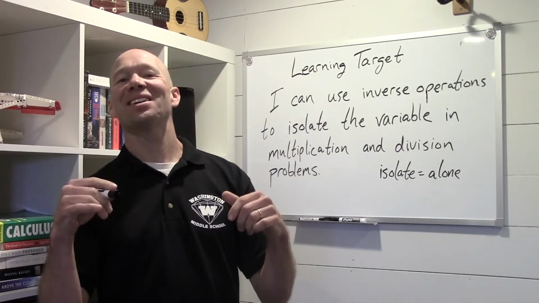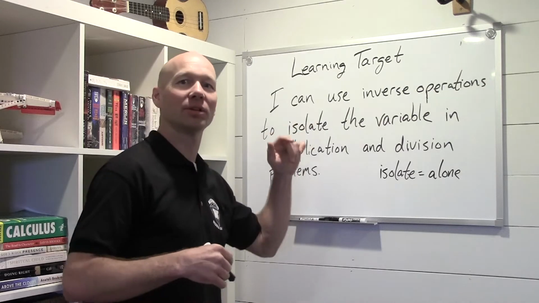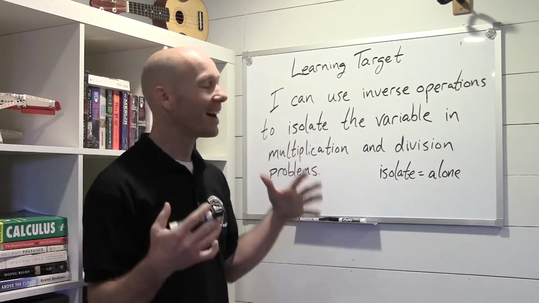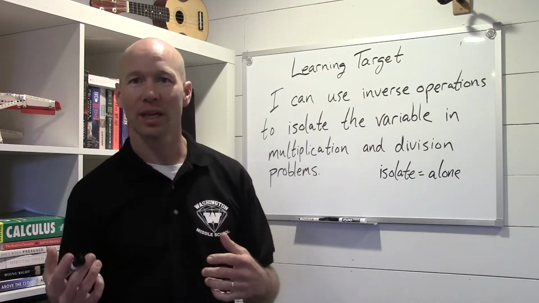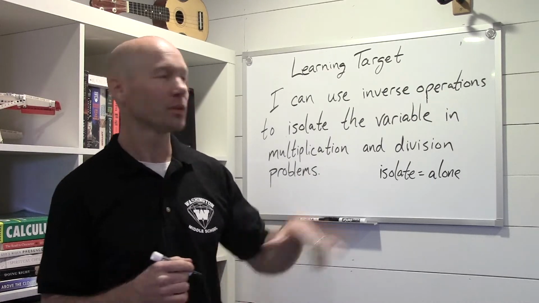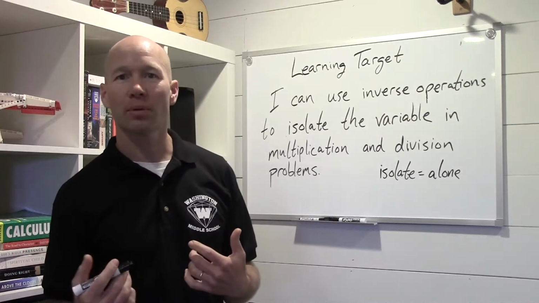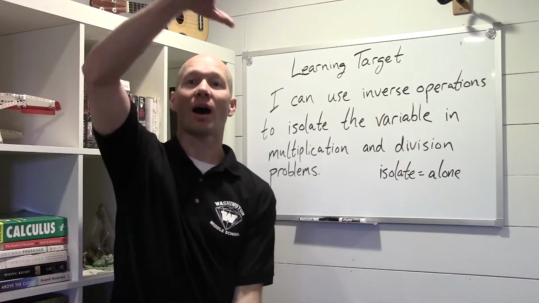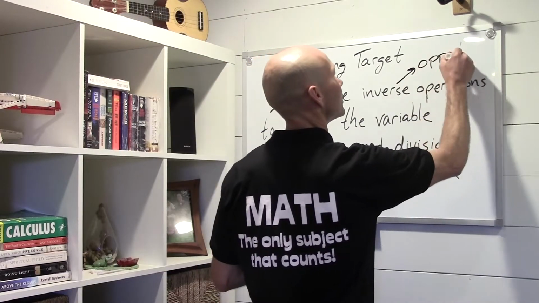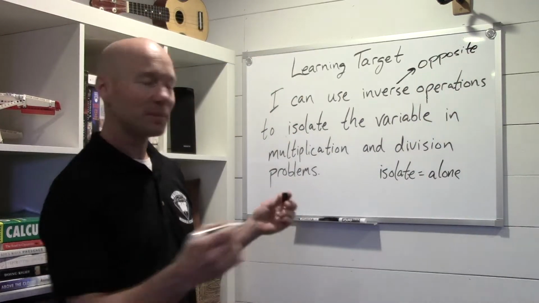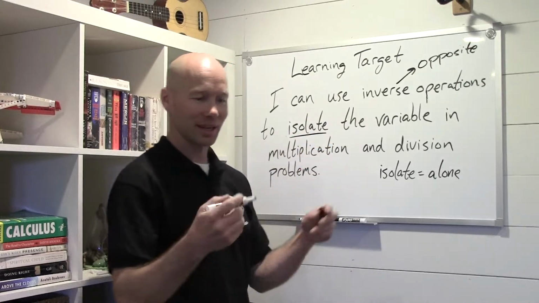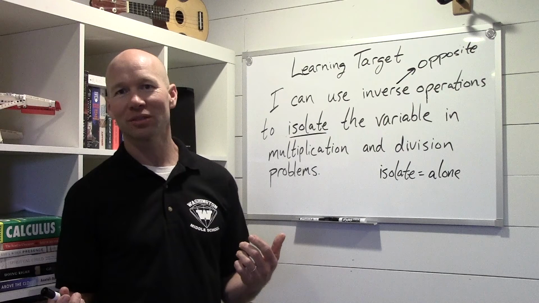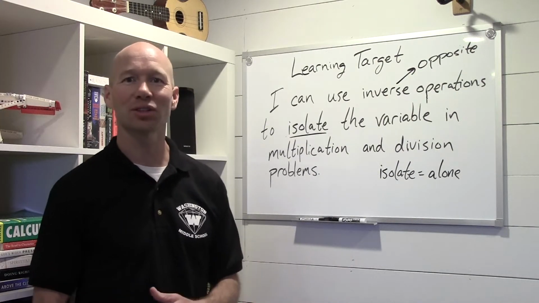Alright, our learning target today: we are going to be using inverse operations to isolate the variable in multiplication and division problems. What does inverse operation mean? Inverse means the opposite. What does isolate mean? We remember that. Like we said yesterday, we used to not use that word so much, but right now we are in social isolation.